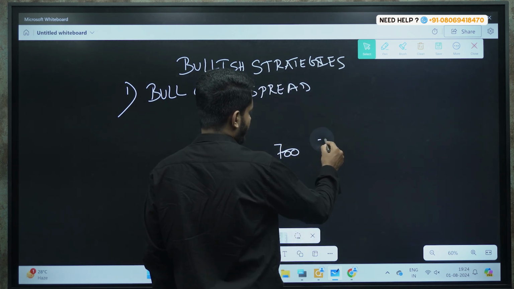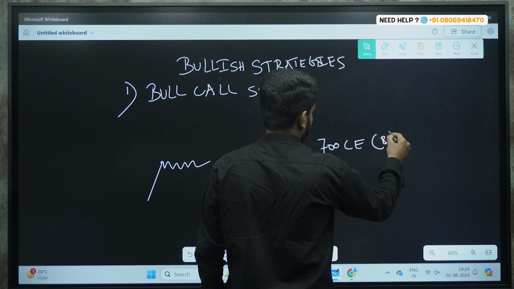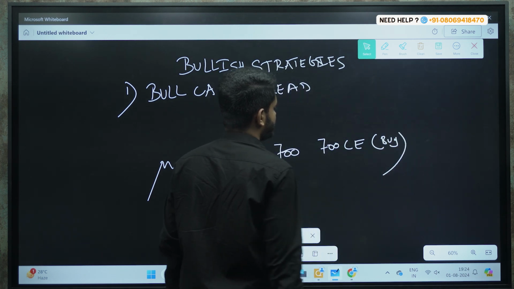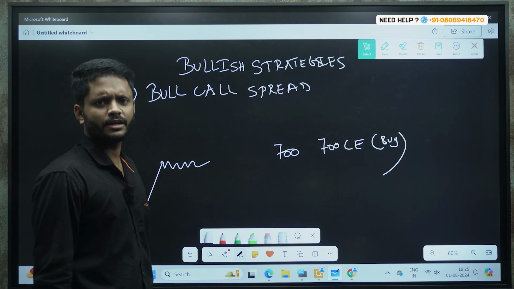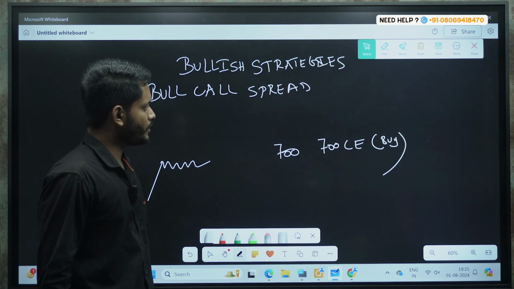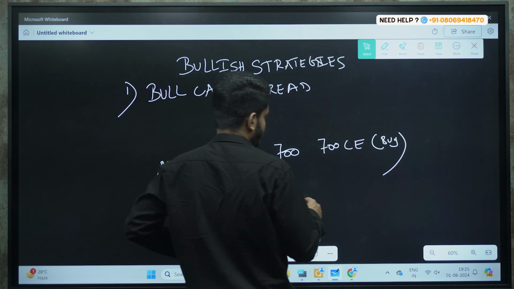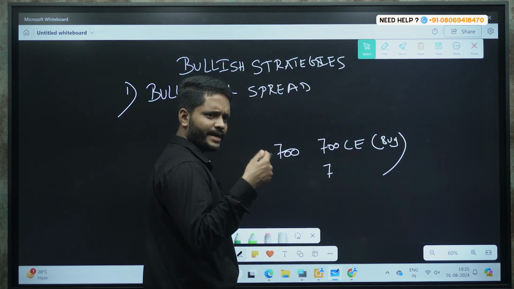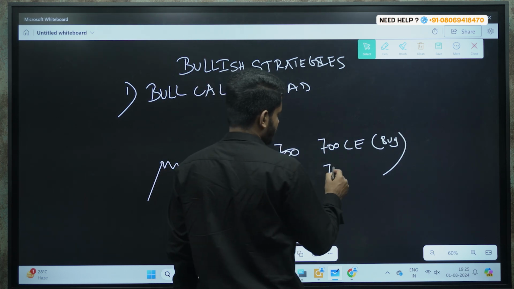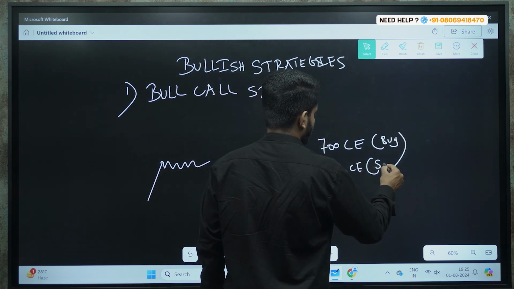You buy the 700 call, and if the stock has given a breakout and stays sideways with no further move, then instead of buying this naked call, you can additionally sell. Say your expected target is 730, 740, whatever, then accordingly you can sell the 730 call.